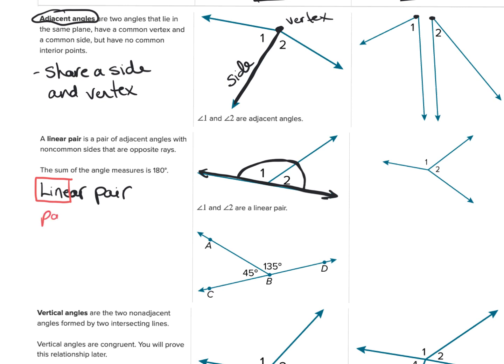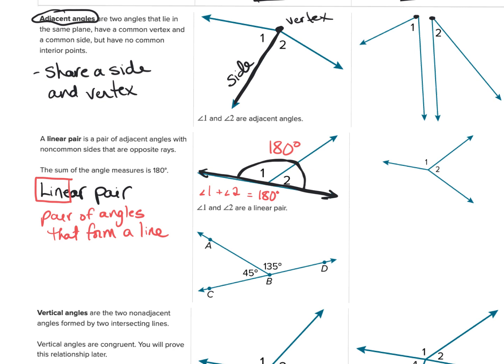So this is a pair of angles that form a line. Okay, and what you'll need to remember about a linear pair or a line is that there is always 180 degrees in a line or a linear pair. So what that means is that angle 1 plus angle 2, when I add them together, will always equal 180 degrees.